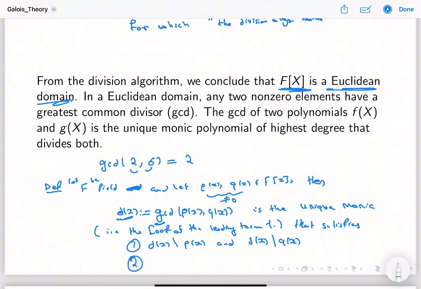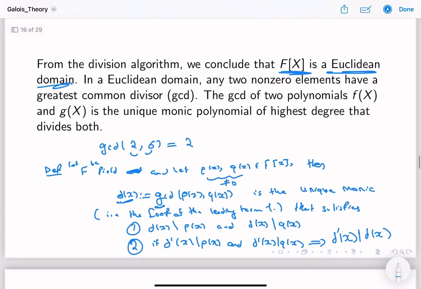It's the greatest in the sense that if d prime of x divides P of x, and d prime of x divides Q of x, then d prime of x has to divide d of x. Okay, so in this sense d is the greatest common divisor between these two.